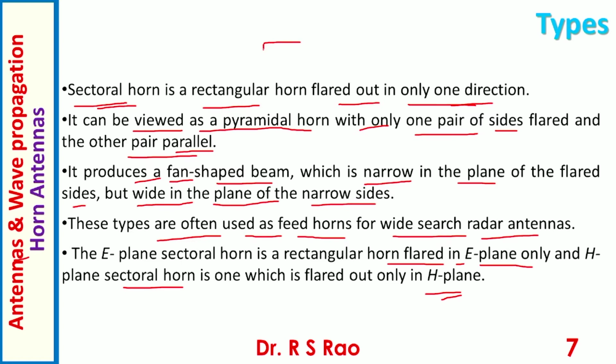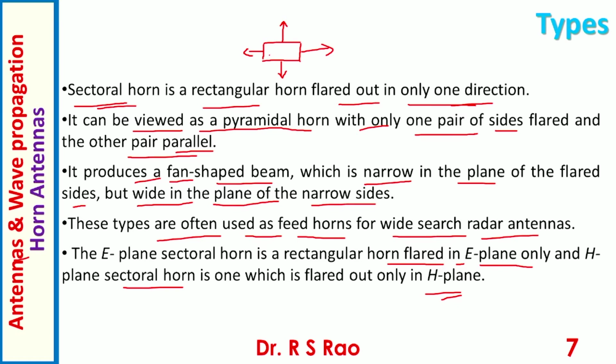Let us suppose this is a rectangular waveguide. Opening out of side walls like this can be done. Opening of broader walls also can be done. And both also can be done. When opening is done in both the types of walls, then it is called a pyramidal horn.